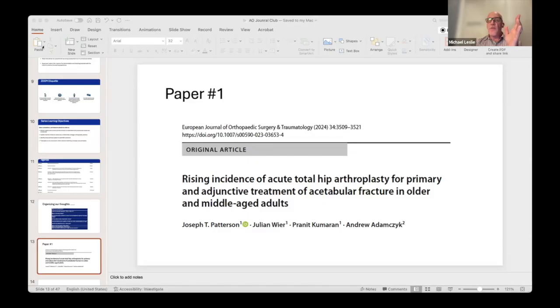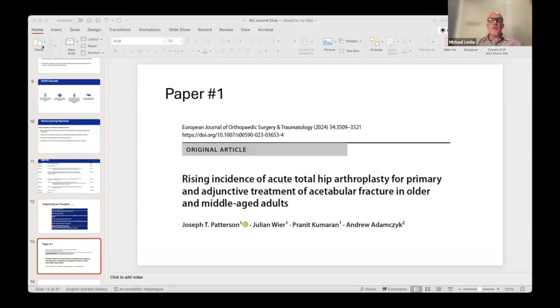So now this only represents, as we know, 20% of the inpatient admissions across the country. But they did subdivide these. They subdivided them into ORIF, total hip, or ORIF plus total hip. And then they went ahead and they looked at age. And I thought this was kind of interesting how they looked at this, because they looked at between 45 and 64 years old, and then 65 years old and older.